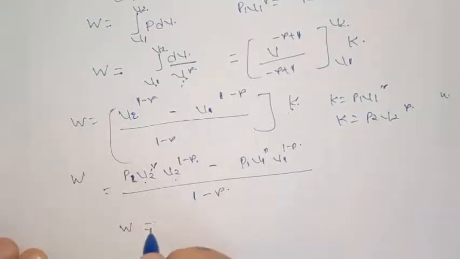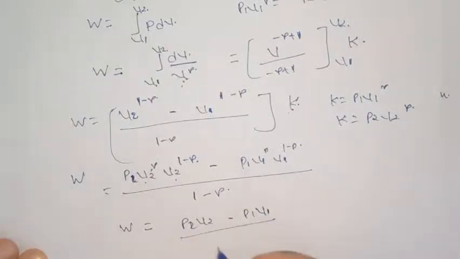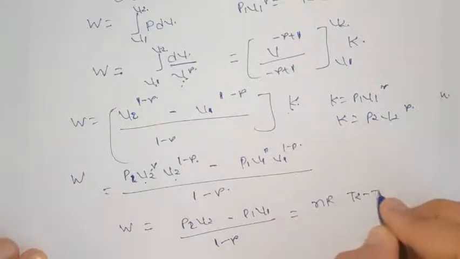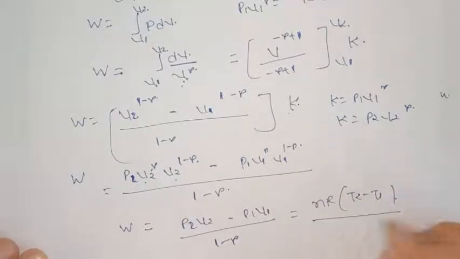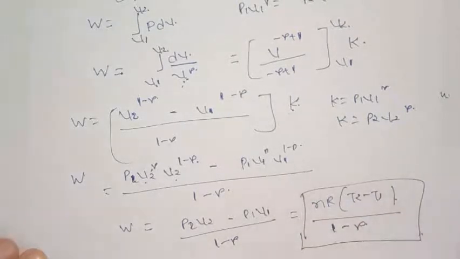So work done will be (P2 V2 minus P1 V1) upon 1 minus gamma. P2 V2 minus P1 V1 can be written as nR (T2 minus T1) upon 1 minus gamma. So this will be the work done in an adiabatic process.